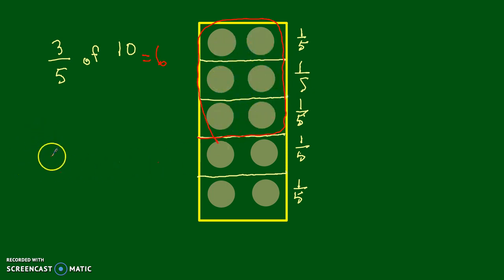Now if we're going to look at that a different way, we know that 1/5 in this problem represents 2 out of 10. And we also know that 3/5 equals 1/5 times 3.